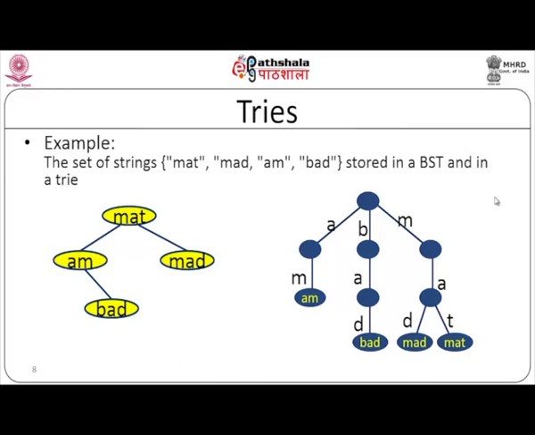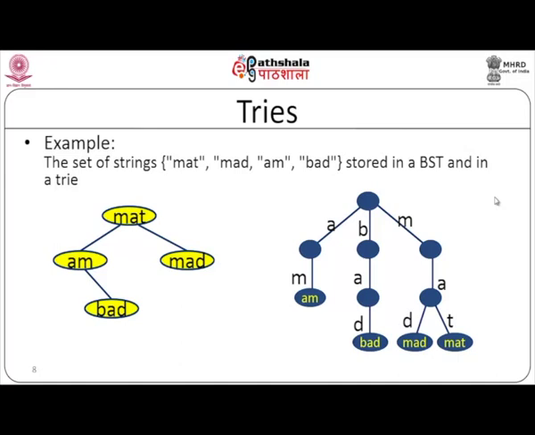Then next is A. Now, when you come to A, the next letter that you need there is M. Note how the edges are labeled, and for M there is only one, because after A there can be only M. So, there is only M and you have AM. We will see many examples, this is an example.